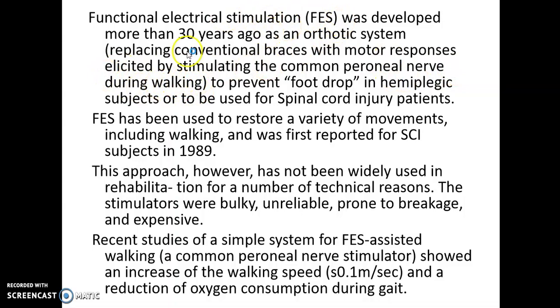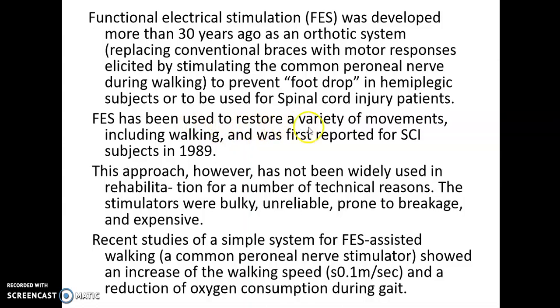So the first FES was used around 30 years ago, when the electrodes were placed on the common peroneal nerve, which we all know activates the dorsiflexors. So during walking, in patients with foot drop, and in hemiplegic patients where the dorsiflexors are not active, FES was applied almost 30 years ago.